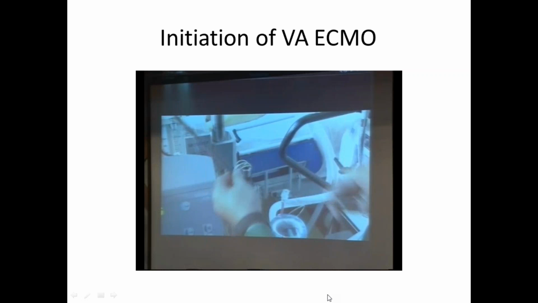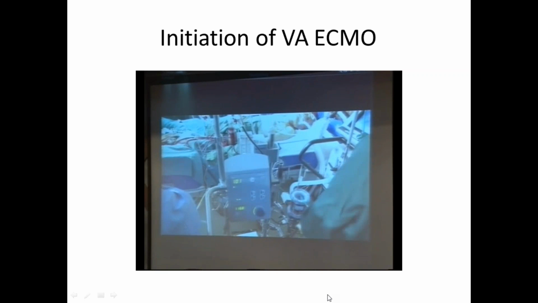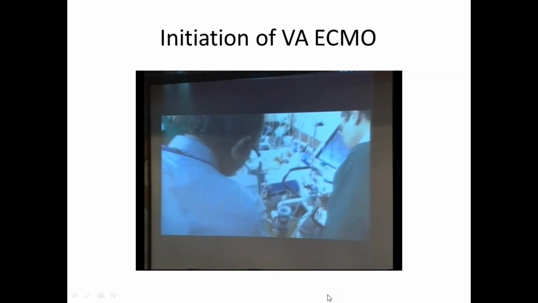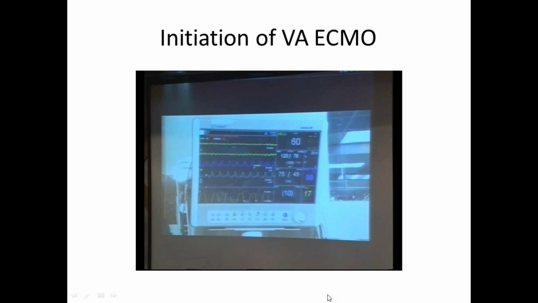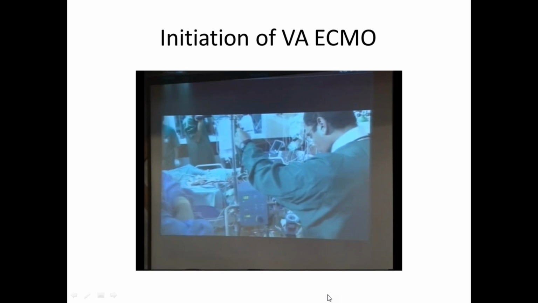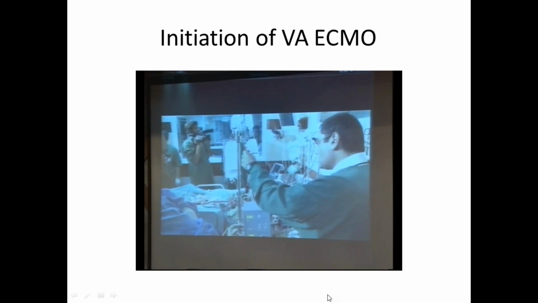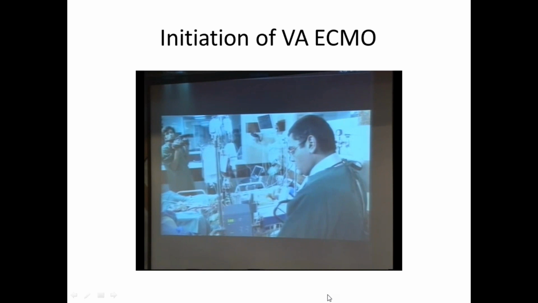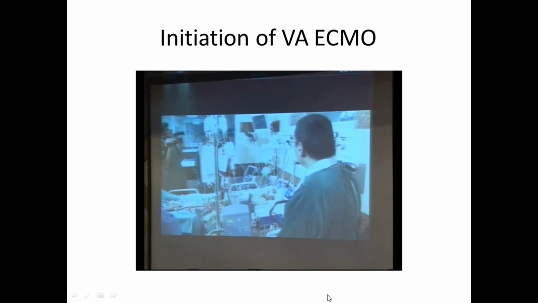He is giving some blood to the circuit. Usually we don't prefer to give blood to the circuit, we always give blood to the central line, but it is being connected, so he is giving the blood to the circuit. Yes, it has to be connected pre-pump.